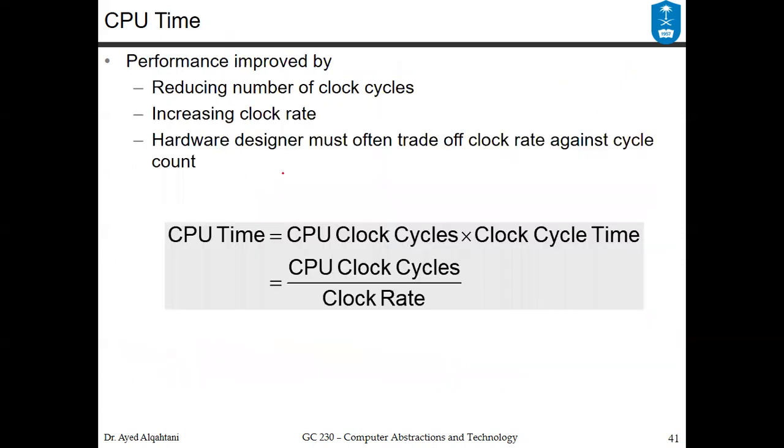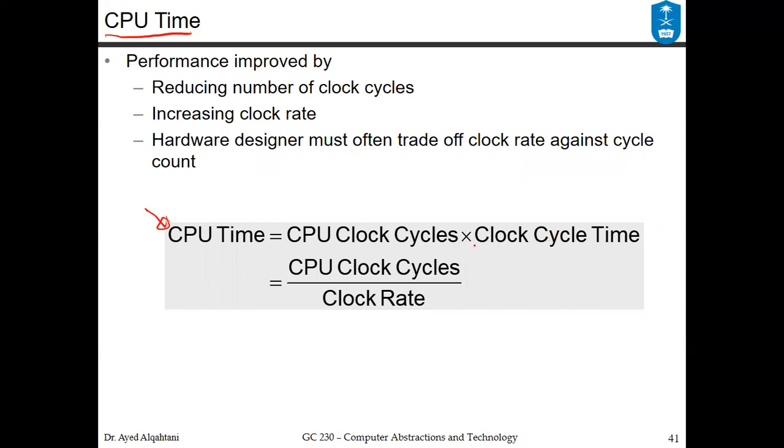So now for the CPU time. The CPU time is the same as the execution time that we talked about. So the performance is improved by many factors. You can get these factors if you know the components of the CPU time. The CPU time is how many CPU clock cycles you need times the time of each one of them. So it's the CPU clock cycles times the clock cycle time.